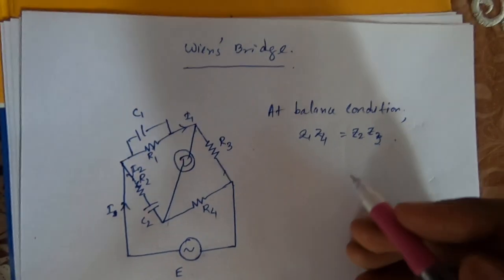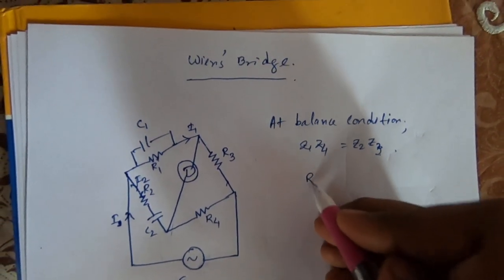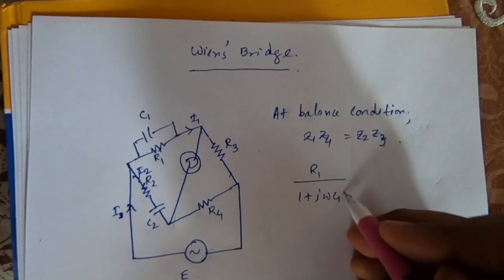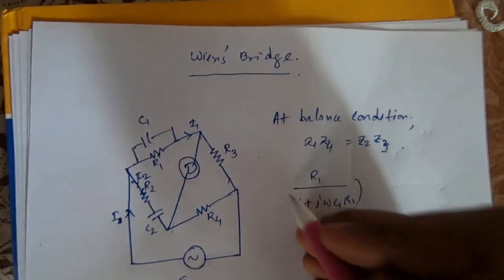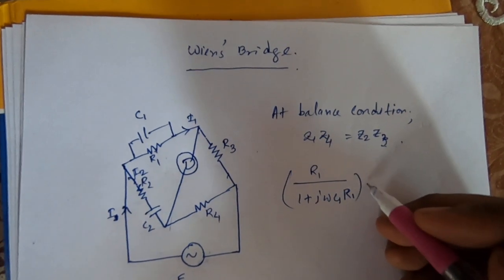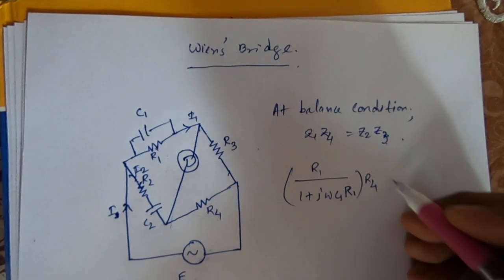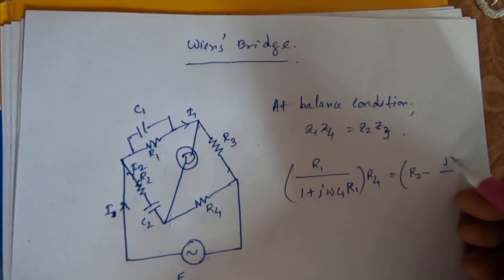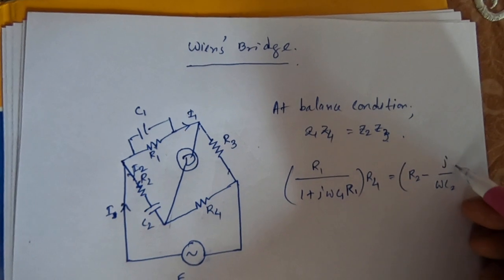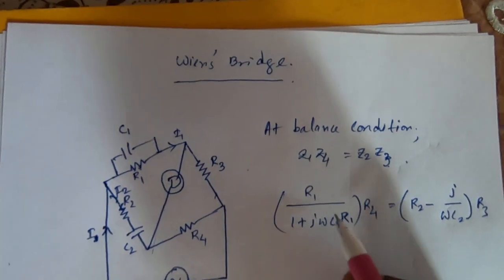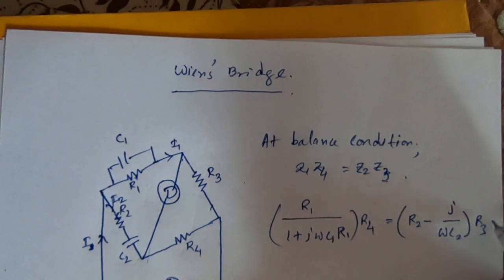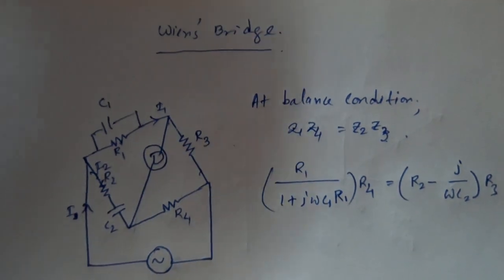By writing the equation we can write R1 by (1 plus j omega C1 R1) into R4 equals (R2 minus j by omega C2) into R3. So this is the impedance of Z1, this is the impedance of Z4, this is the impedance of Z2, and this is the impedance of Z3.